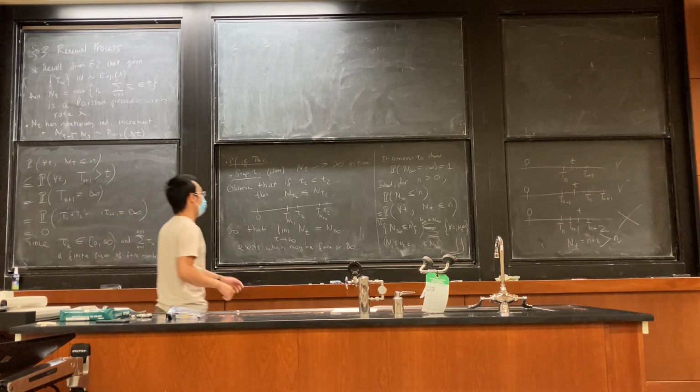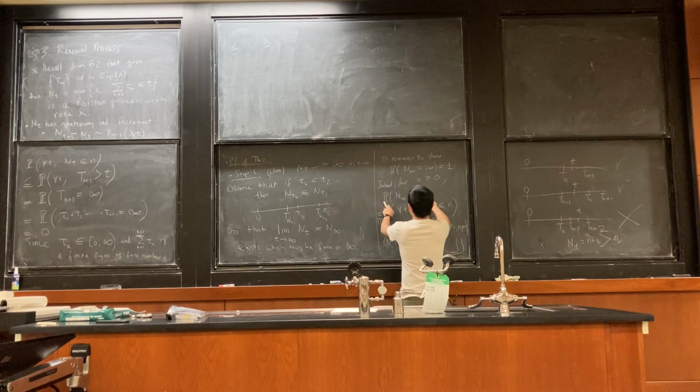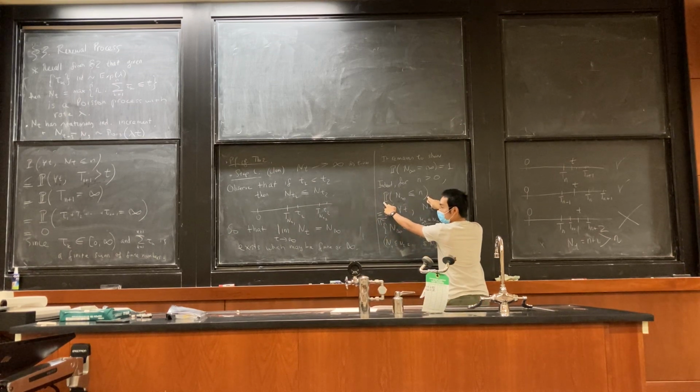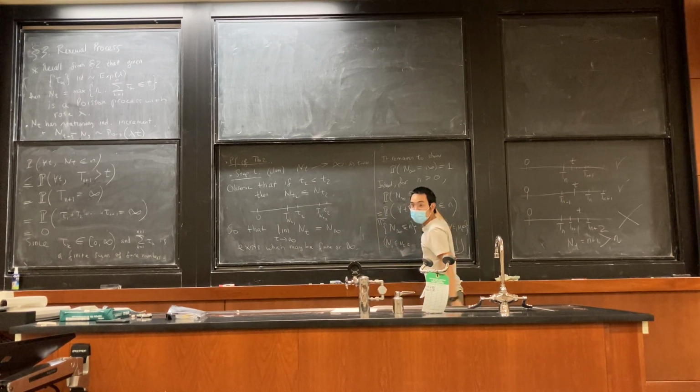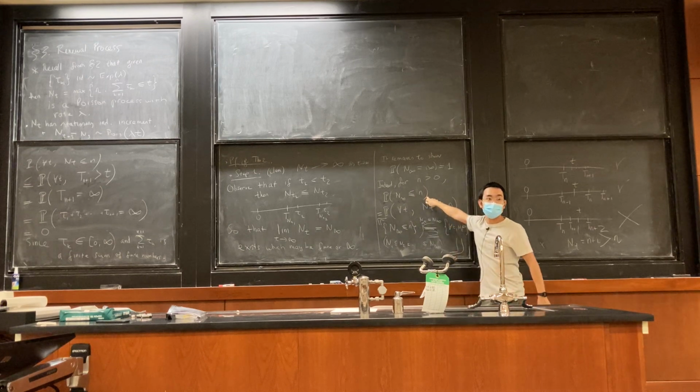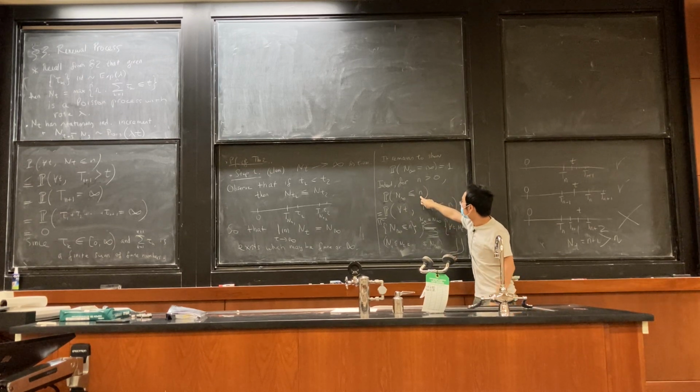Basically, I show this probability is bounded above by 0, so it has to be 0. Right? So this is 0 for all n.